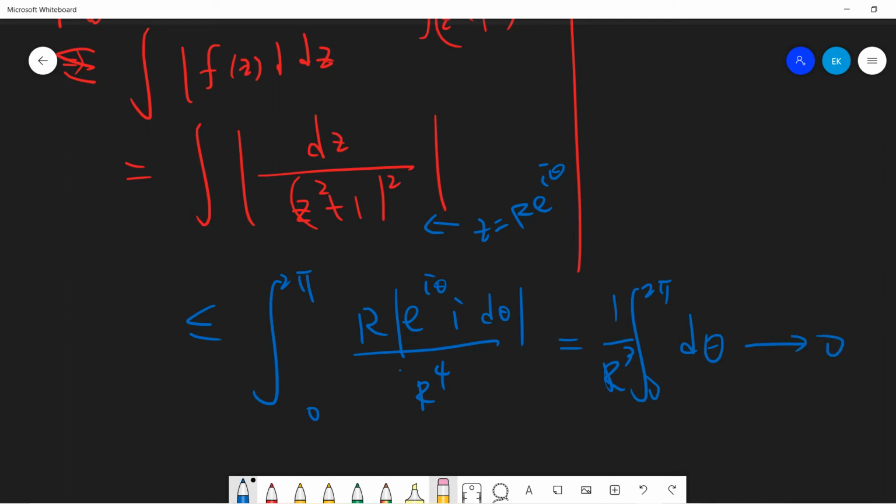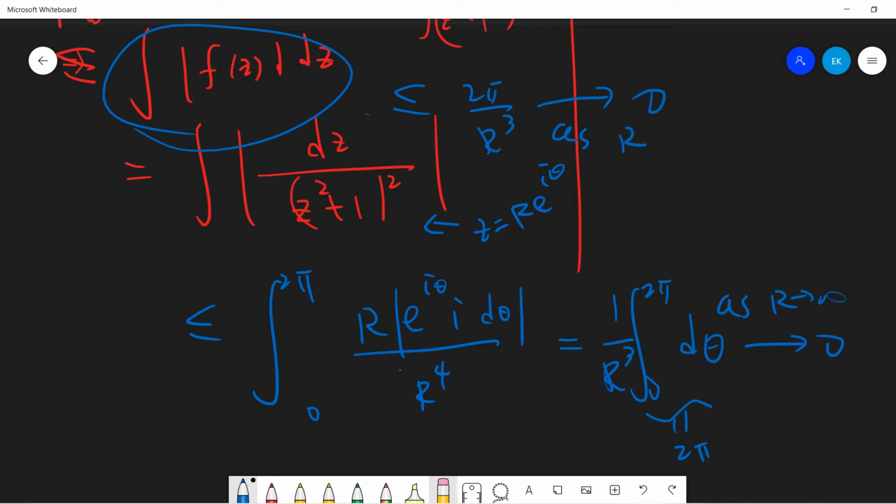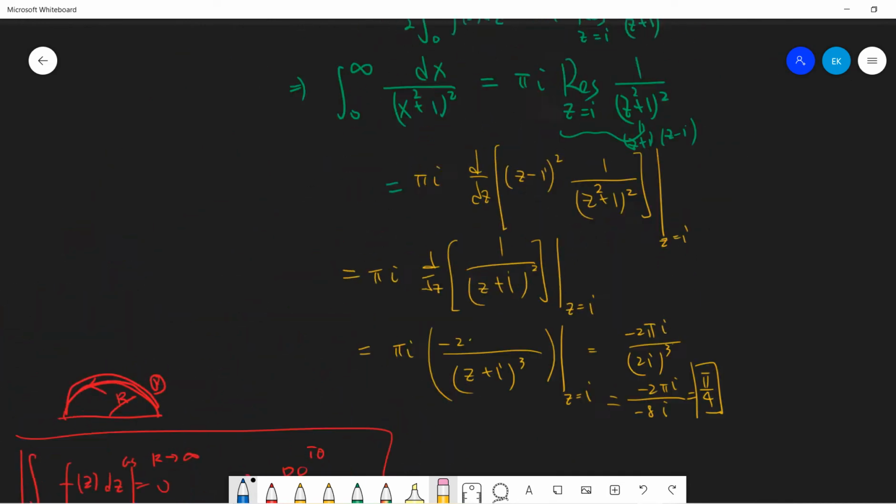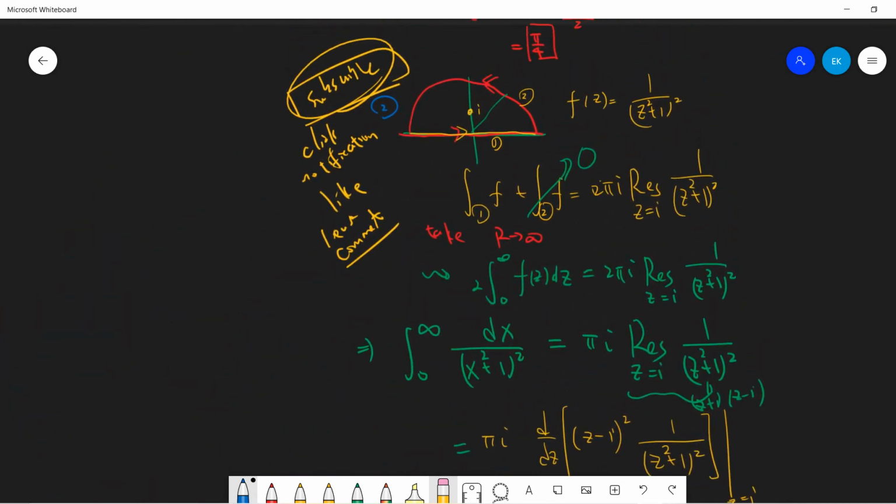So it becomes 0 as r goes to infinity, because this is just pi. So we proved that this is less than or equal to pi divided by r cubed, and it goes to 0 as r goes to infinity. This is a good example of why we can get the same answer.